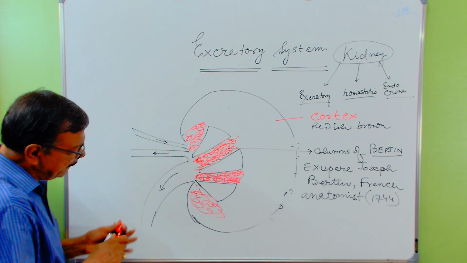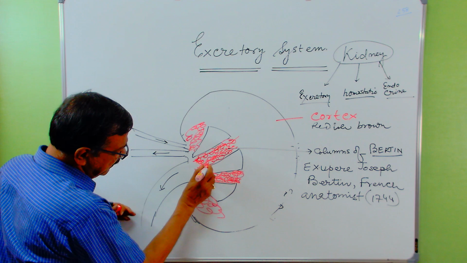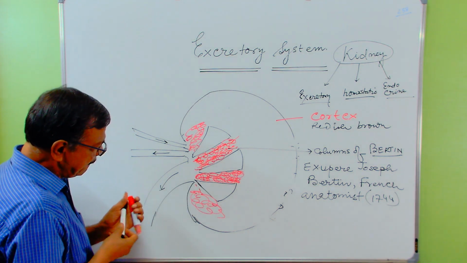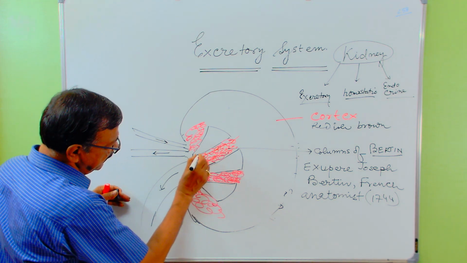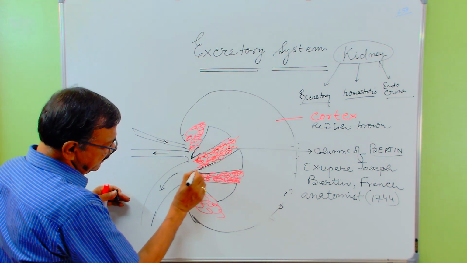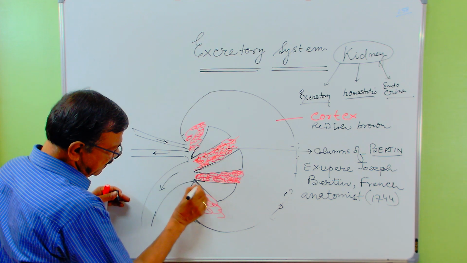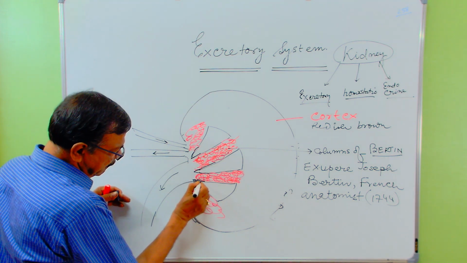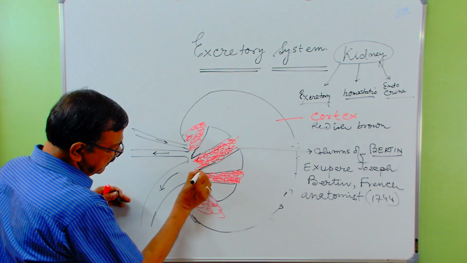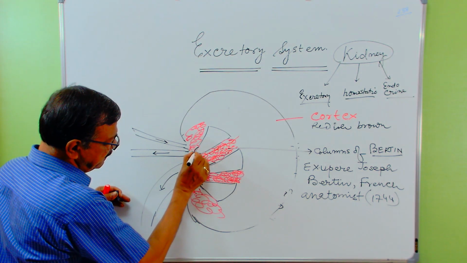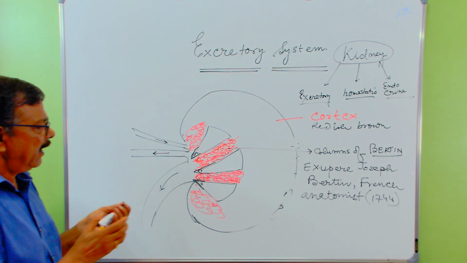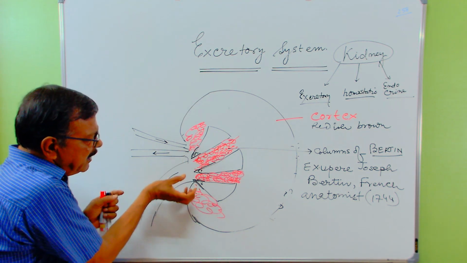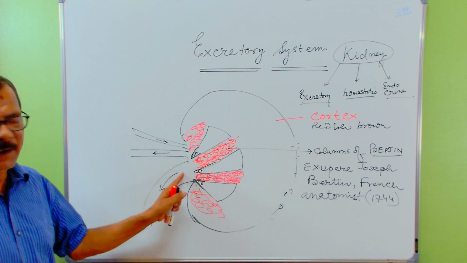This is the papilla, renal papilla. These are perforated, that is, they have little holes, and they actually receive the calyx which I am coming to.